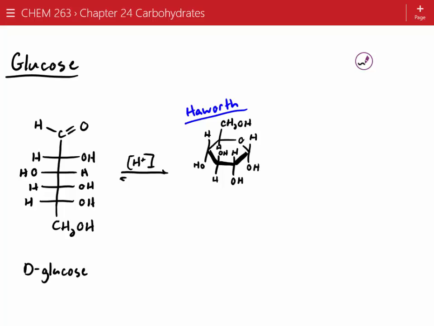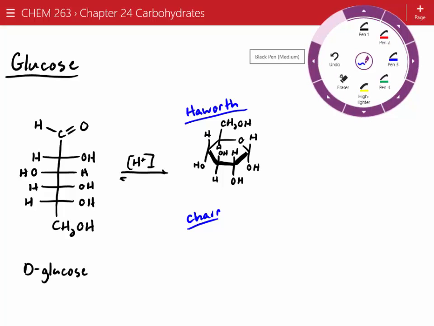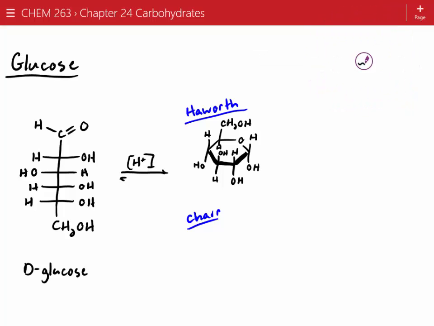What's the preferred way to draw 6-membered rings? Not like that. Chair conformation. I know you guys hate chair conformations, but I think they're the best way to actually represent carbohydrates. But these are equivalent ways of drawing them. So let's do the chair for this.